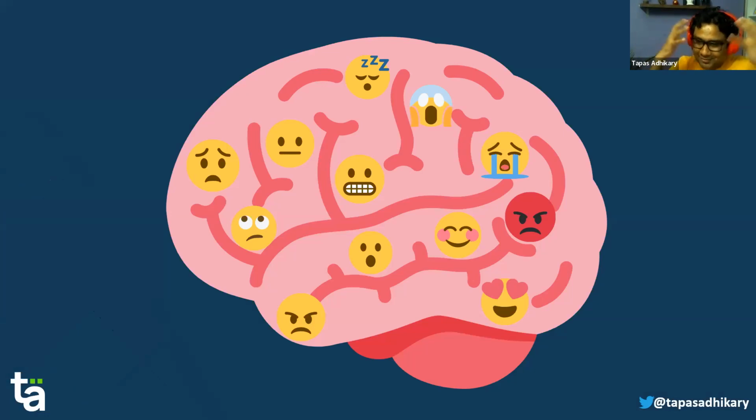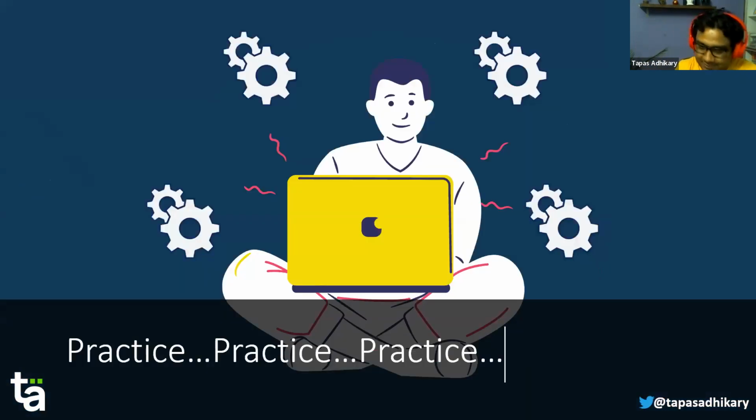I don't know what kind of emotion goes on inside your brain now, but the first time I encountered this, a lot of such emotions went through my brain. Slowly I translated most of them to a happy emotion just by doing practice. So you have to go back, practice, and relate whatever you have learned with this, to see whether the output you're getting matches the concepts that you understood.